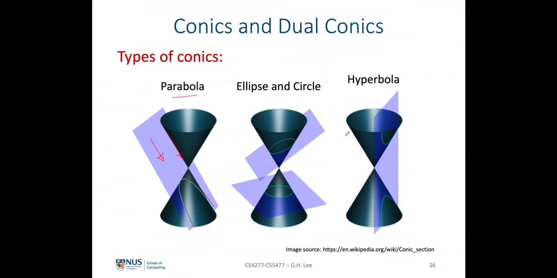And in the case where the tangent of the plane is parallel with the base of the inverted cones, then the intersection will give rise to a circle. And if it is tilted at a certain angle, but the tangent of the plane is still close to the alignment with the base of the cone, then this will give rise to the ellipse conics.